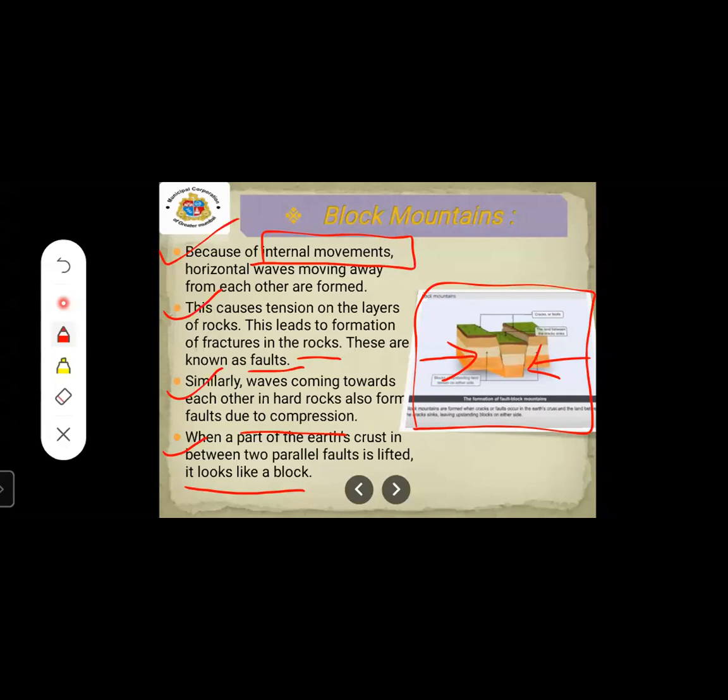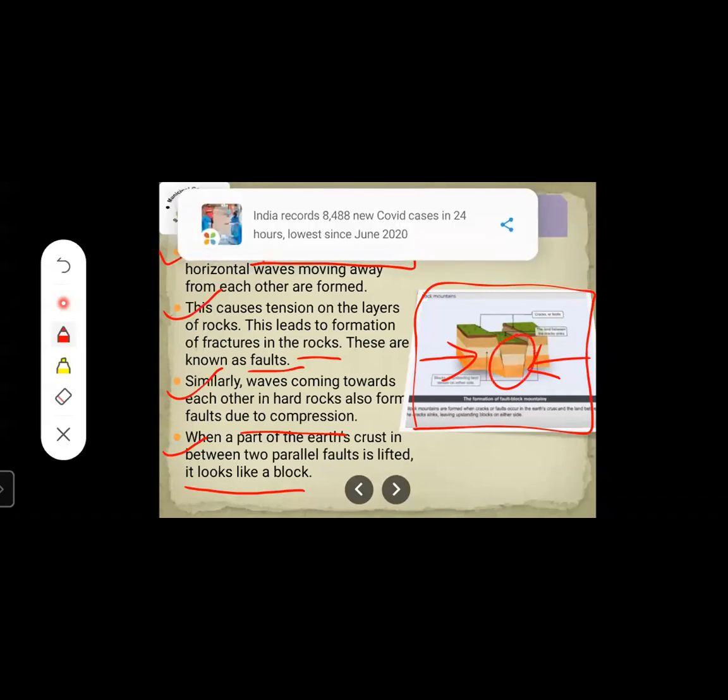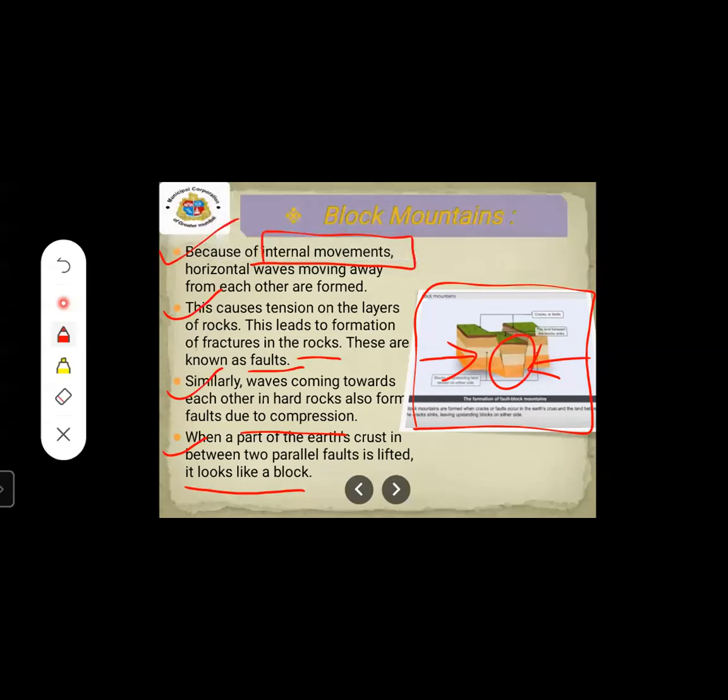Yes, and due to this, the part of the mountain, that block, between two parallel faults is lifted, and it looks like a block. This is known as the block mountains.